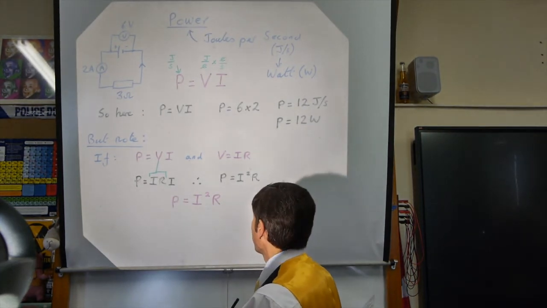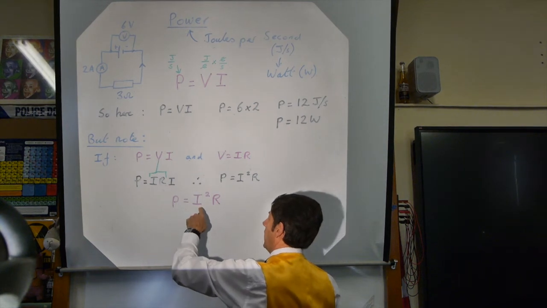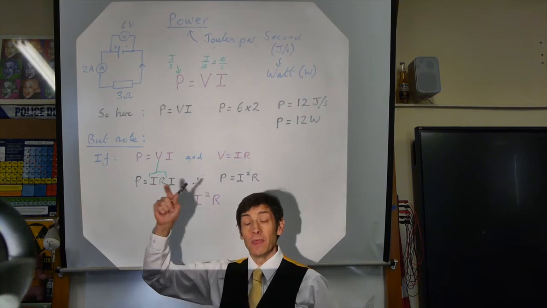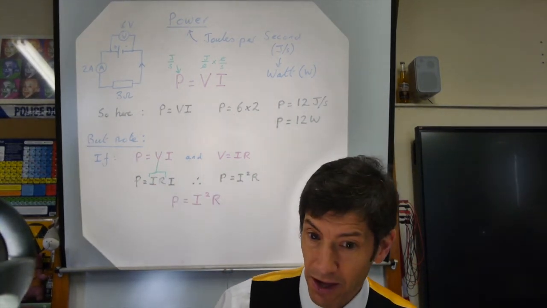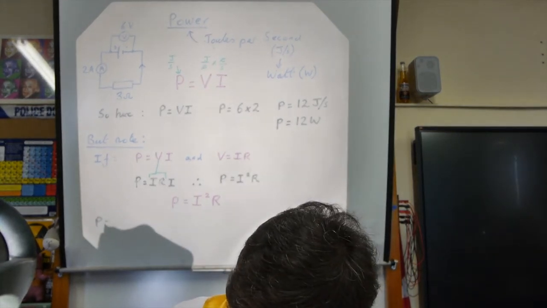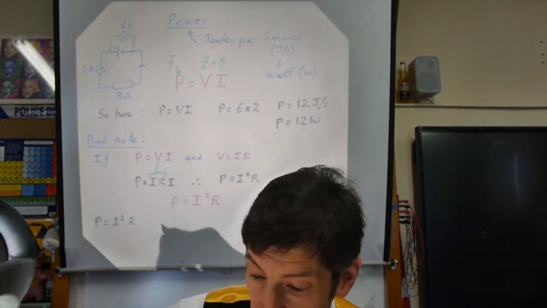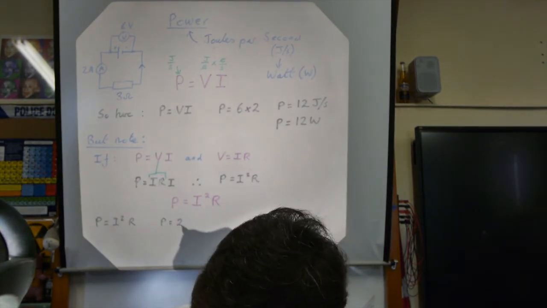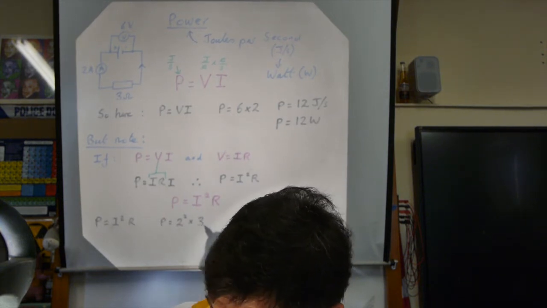So one or two of you might be wondering, well, we've got that formula and we've got this one. Which one gives the right answer? No, they both give power. So let me prove to you that it works in exactly the same way. So in this above circuit, we're going to do P equals I squared R. So we've got P equals 2, that's the amps, squared, times by the resistance 3.